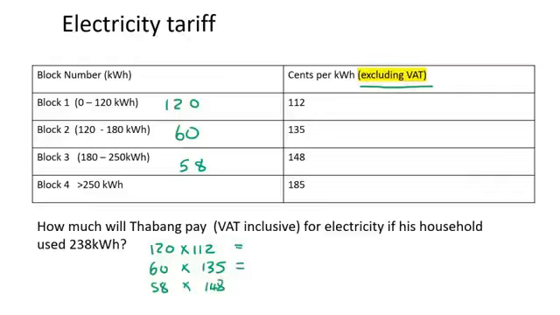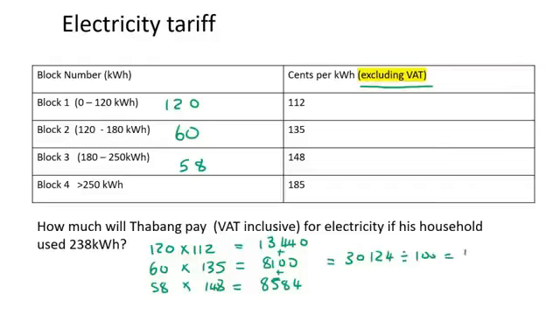And if we calculate all of that, this once again is 13,440, 8,100, and 8,584. Then we add all of those numbers together, and that gives us 30,124.